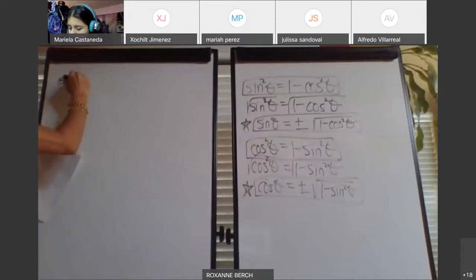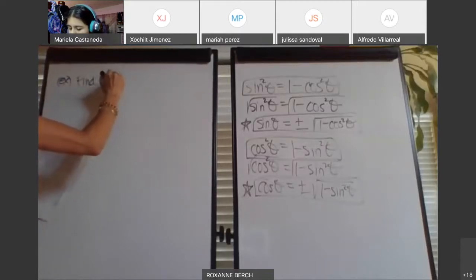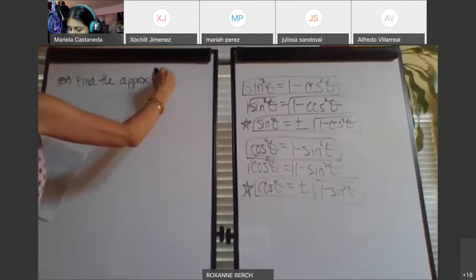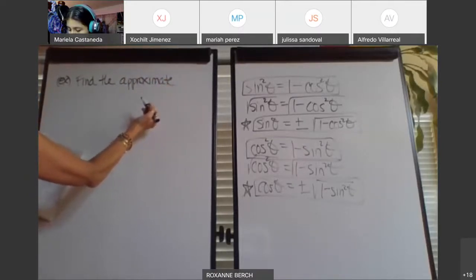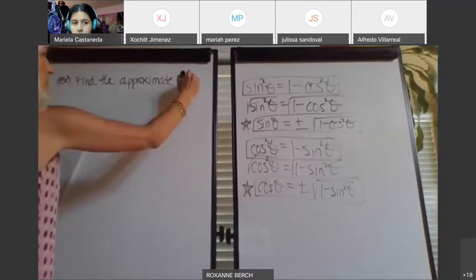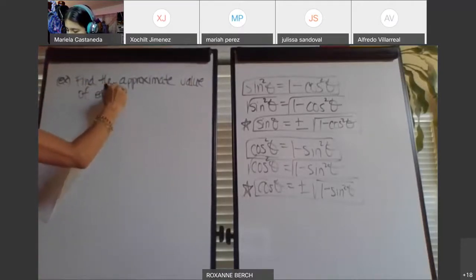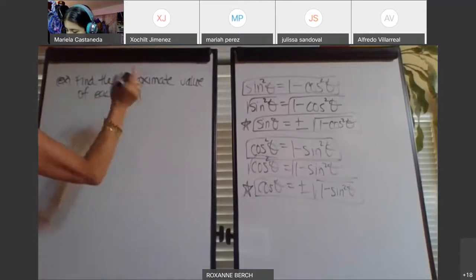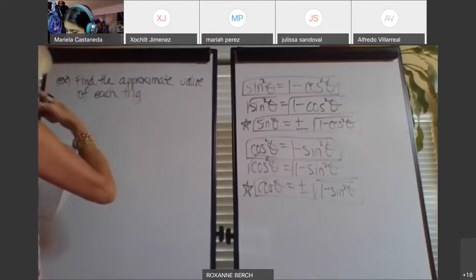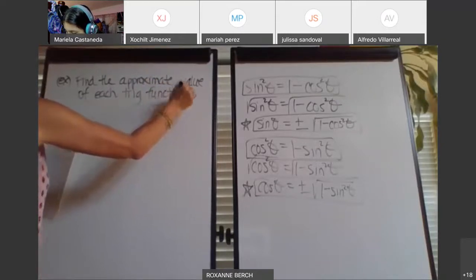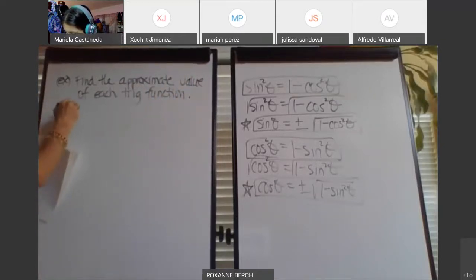All right, so find the approximate value of each trigonometric, I'm just going to write trig function. So they want a value, and here's the first problem.